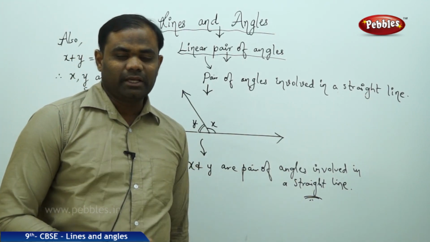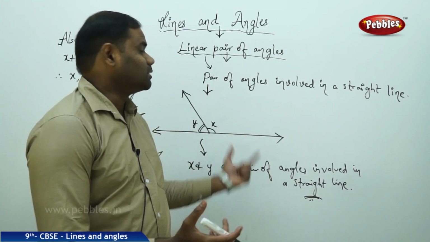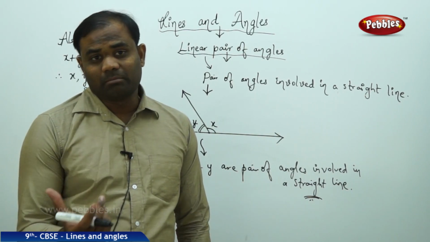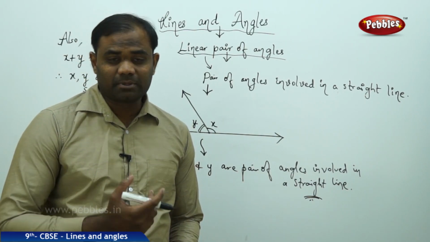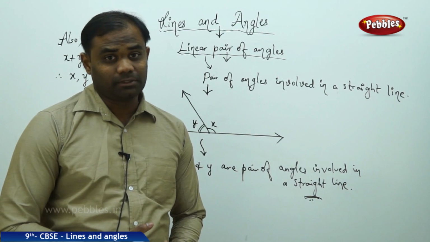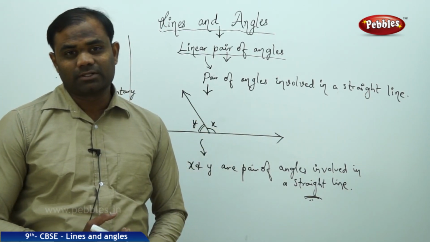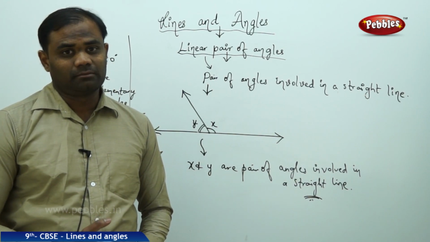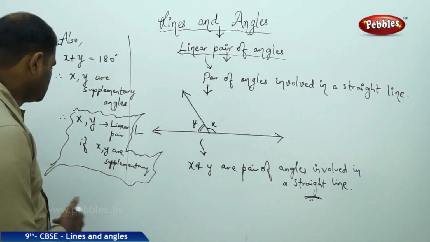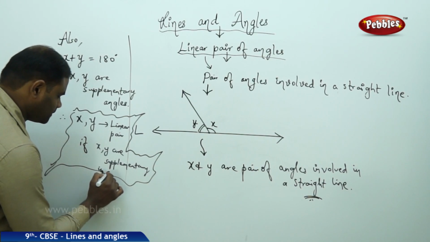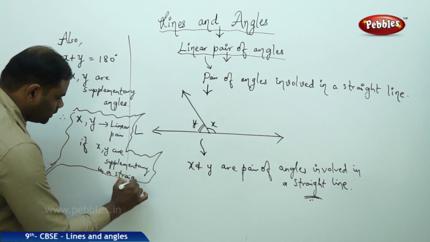The condition that X and Y are linear pair of angles is that X and Y must be supplementary. That is, X plus Y must be equal to 180, or it must be in a straight line. This is how we understand the linear pair or supplementary in a straight line.